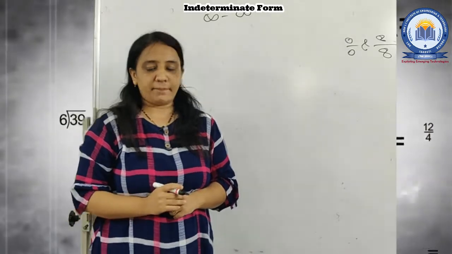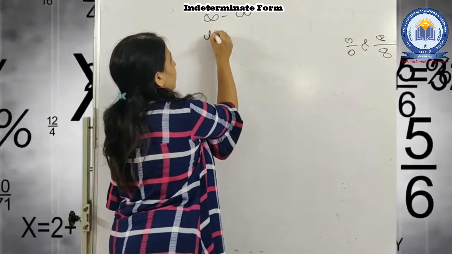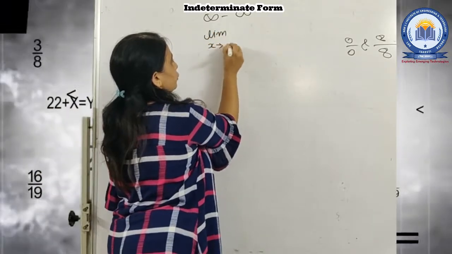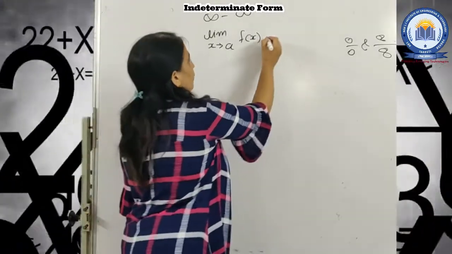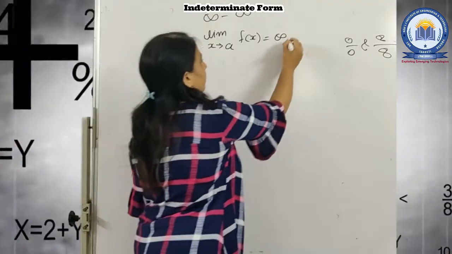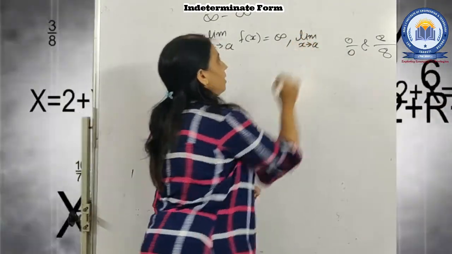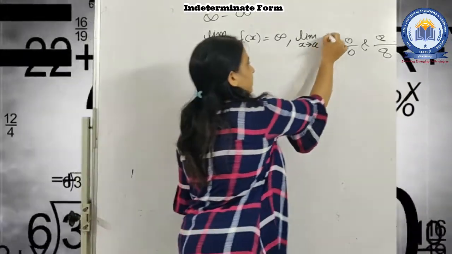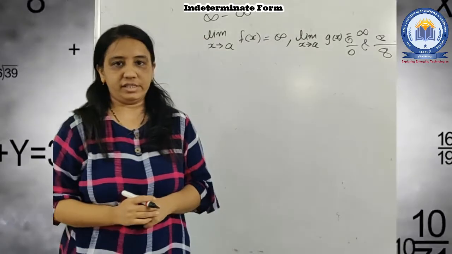So for example, suppose we are having two functions, that is limit x tends to a f(x) equal to infinity and limit x tends to a g(x) is also infinity.